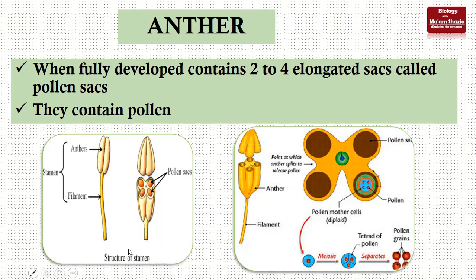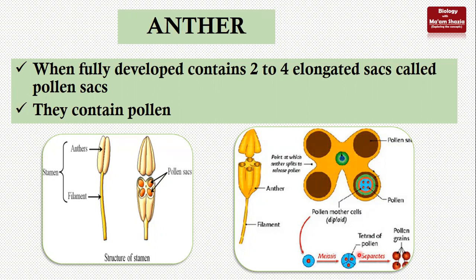Okay, so look at this. This is another diagram showing you the pollen sacs. This is the anther, which is tetrathecous. It has four pollen sacs in which they have microsporocytes or microspore mother cells. You can see in this diagram the dark brown region is the pollen sac. Inside it there are pollen mother cells which are diploid, obviously, and can go through meiosis.